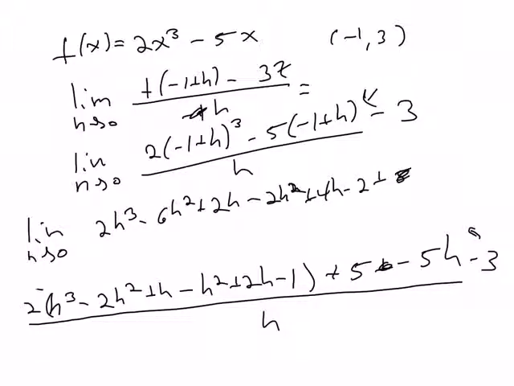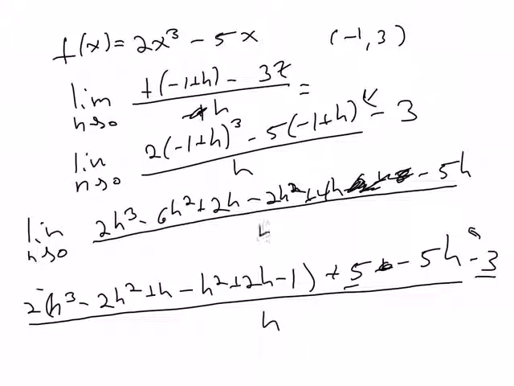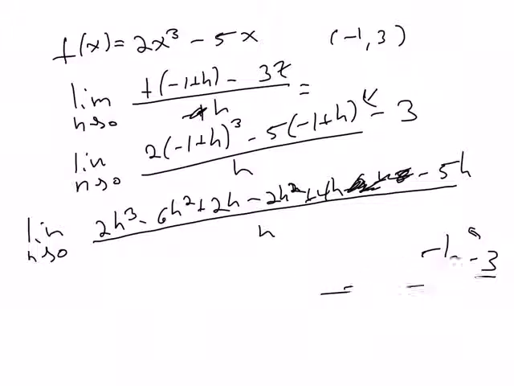Plus 5 minus 3 becomes 2 minus this 2, so those cancel, minus 5h. And all this is going to be over h. And now I'm going to erase this, and I'm going to continue.